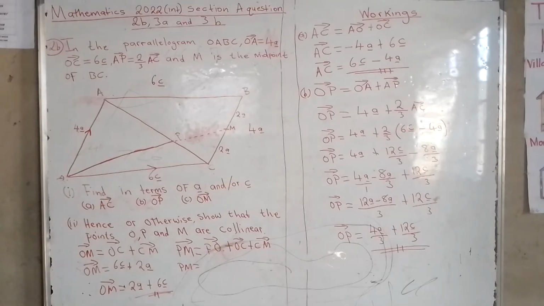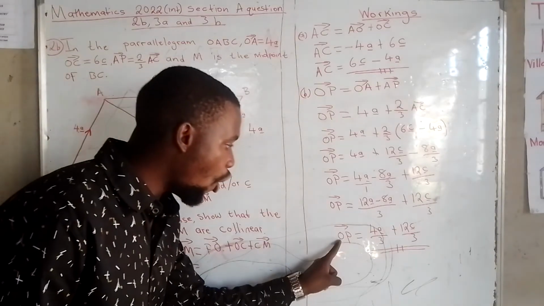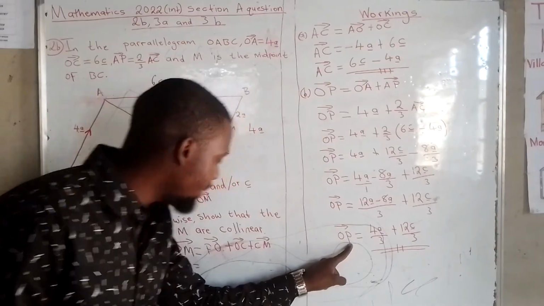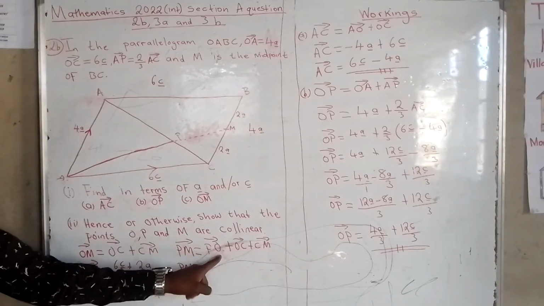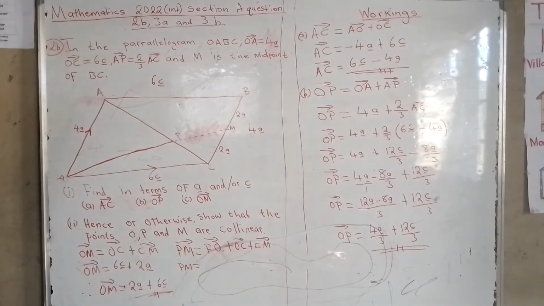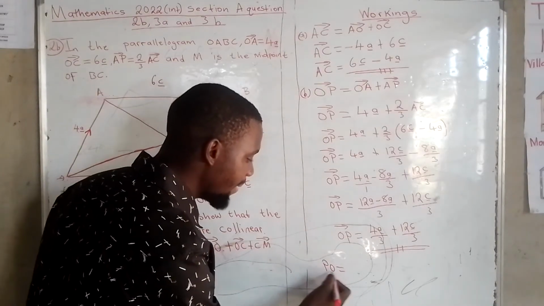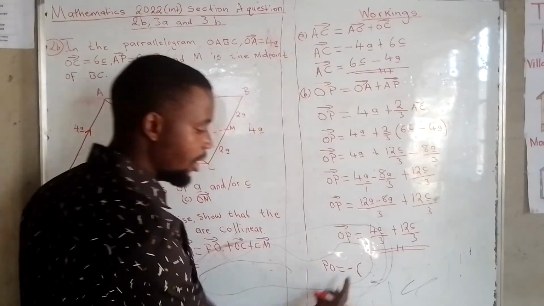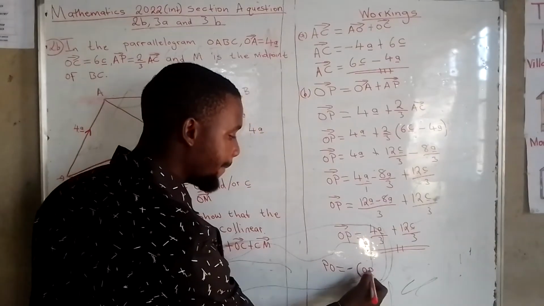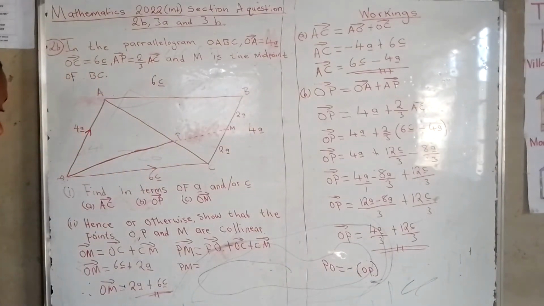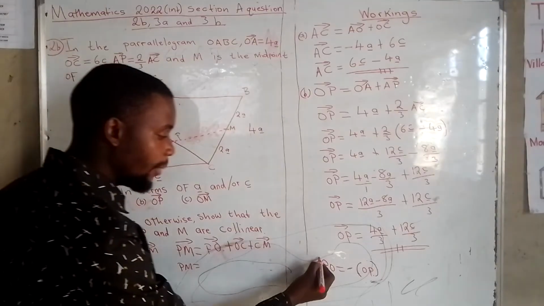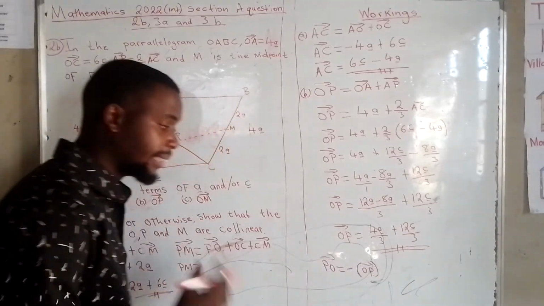The one which we found is OP, but what we need is PO, so it's just the opposite. Which means PO will be equal to negative, or the opposite, of OP. That's the opposite. We need to take note of this.